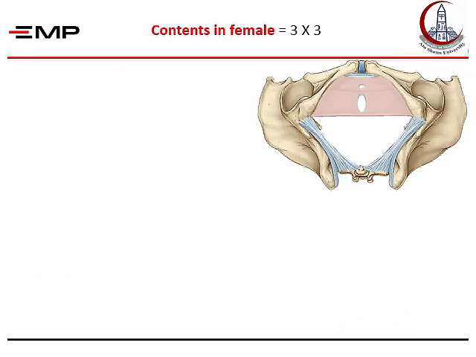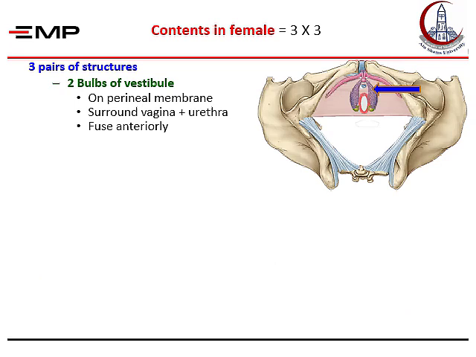The contents in the female are also 3 times 3. We have 3 pairs of structures. The 2 bulbs of the clitoris, or bulbs of the vestibule, I'm sorry, they lie on the sides of the vagina and urethra. They are attached to the perineal membrane and they fuse together anteriorly.